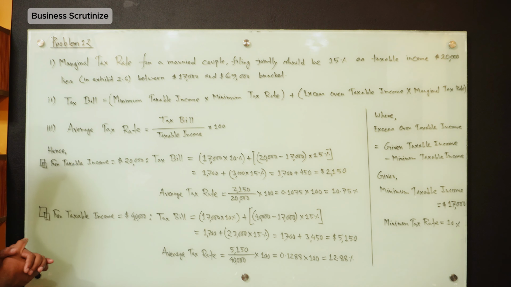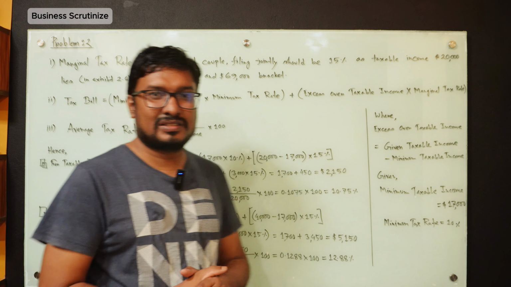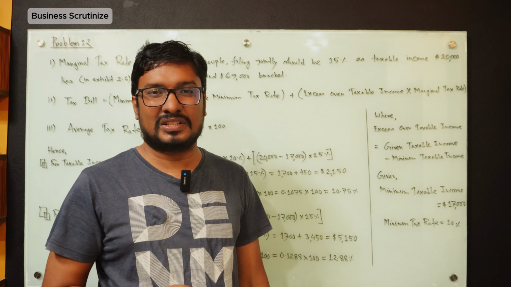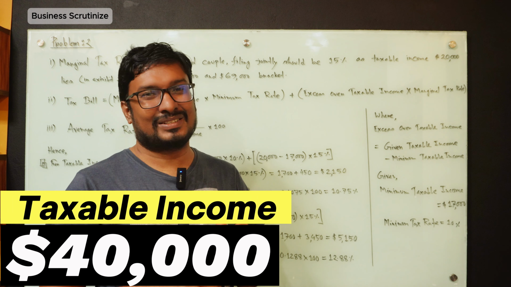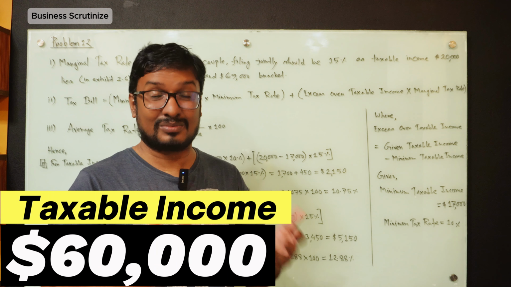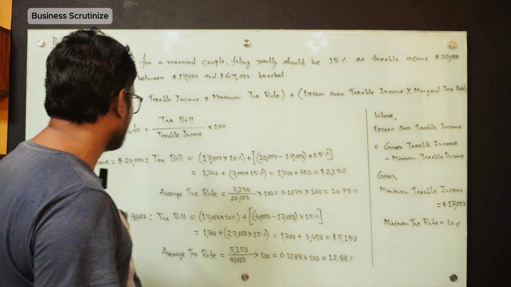Now for taxable income, we have three different amounts given: 20,000, 40,000, and lastly 60,000.